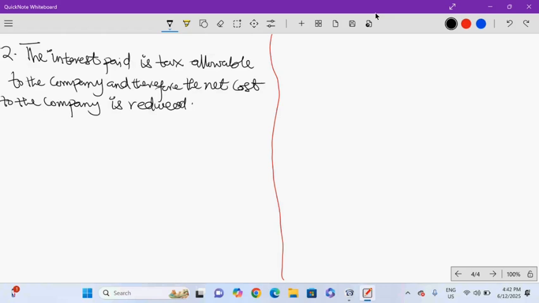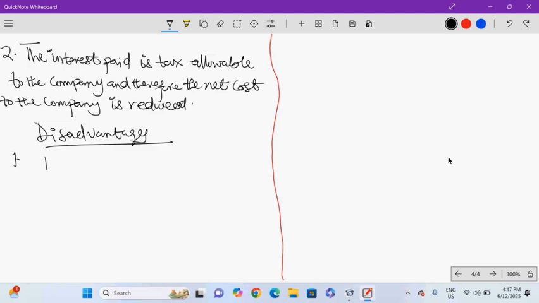So what are some of the disadvantages? With respect to the lenders, the lenders don't get ownership, unlike equity, which gives the shareholder the ownership of being part of the business.